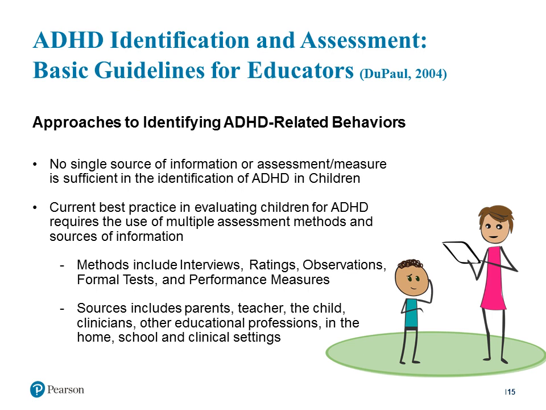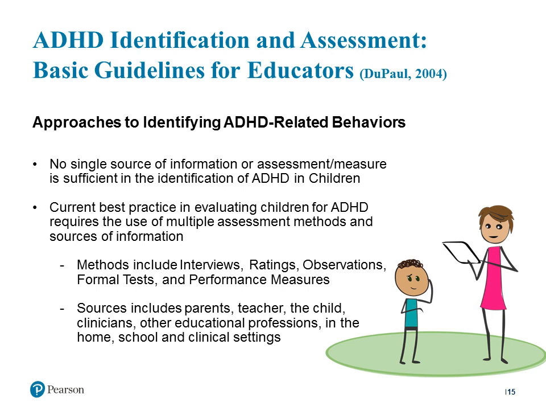All right, DuPaul suggests that we don't use a single source of information for assessment or measure, because that is not sufficient in the identification of ADHD. He focused a lot of what he was doing with children, but that adage can be used with adult subjects, adolescent subjects, as well as children.